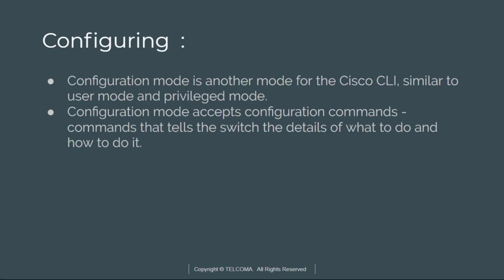Configuration mode accepts the configuration commands, that means the commands that tell the switch the details of what to do and how to do it. Commands entered in configuration mode update the active configuration file. These changes to the configuration occur immediately each time you press the enter key at the end of the command.